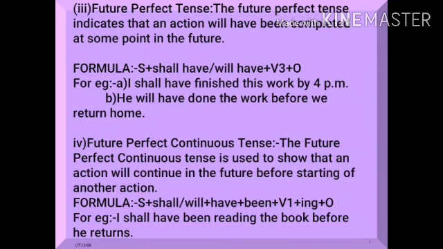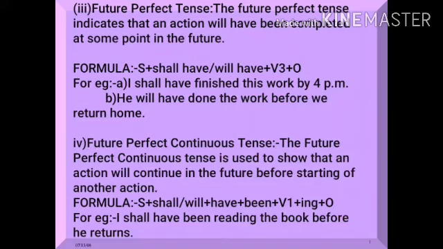That means one action will continue and it will be completed at some point in the future. So before the starting of another action means up to that time the action will continue. So that means it will be completed at some point in the future.